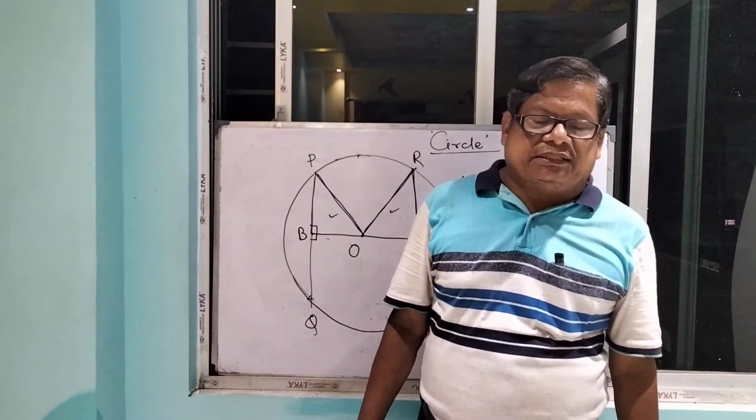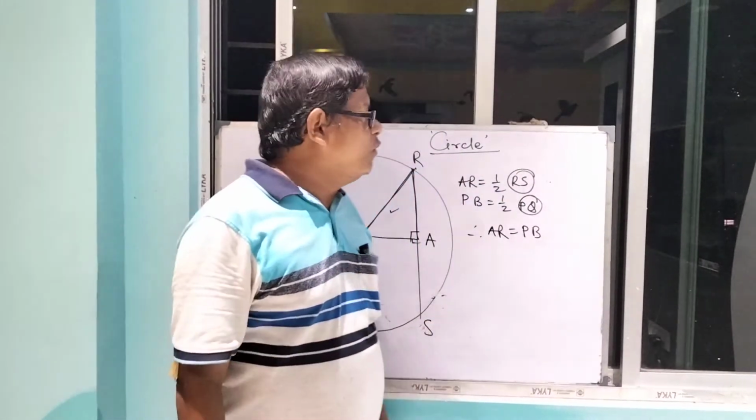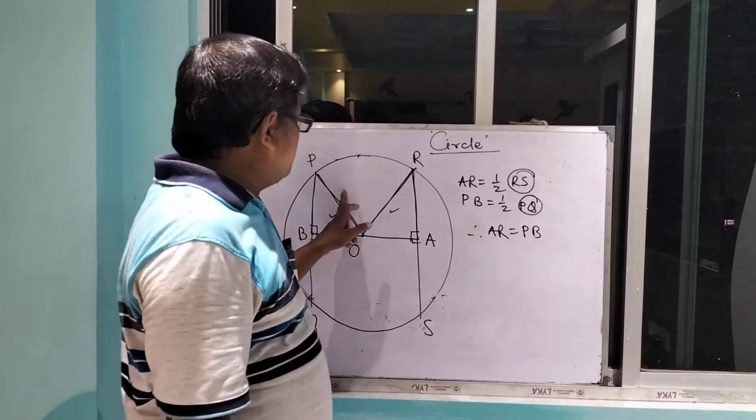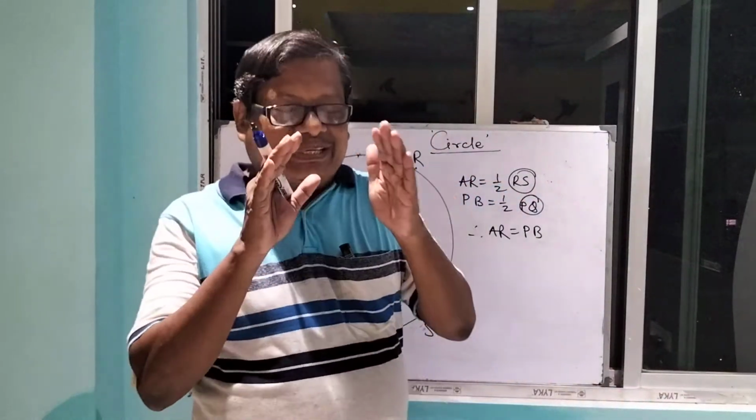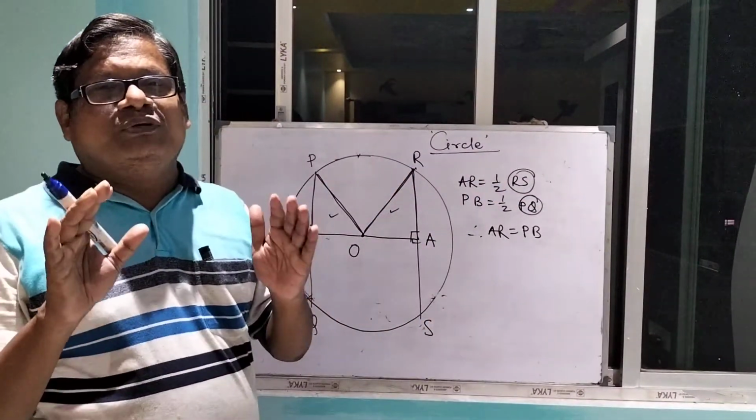Number three: two equal chords are equidistant from the center. And number four: if two chords are equidistant from the center, then the two chords are equal.